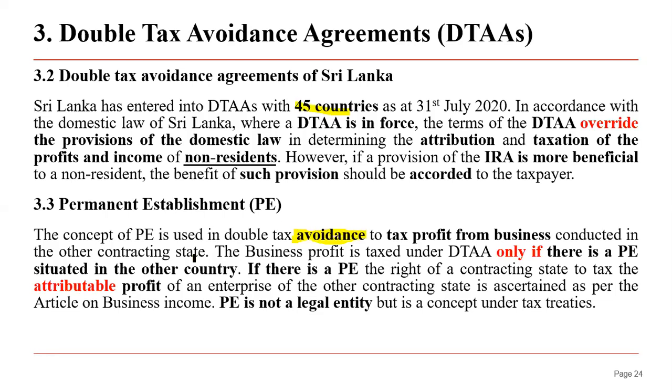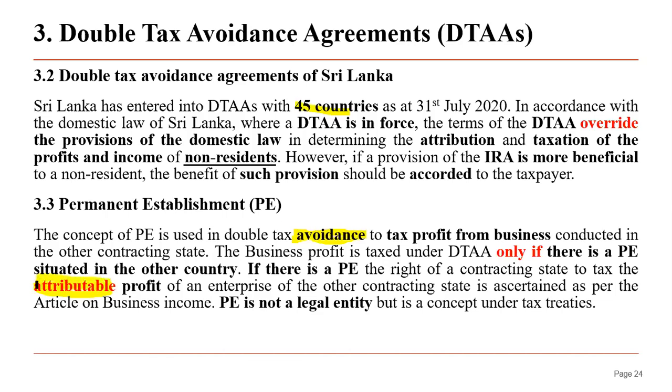If there is a PE, then it is subject to tax in Sri Lanka, attributable to that PE. If there is a PE, we need to tax only a portion. Which portion do you need to tax? Only the portion which is attributable to that PE. This very important point is attributable.